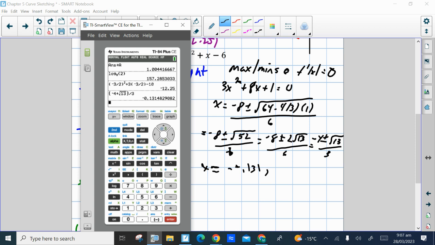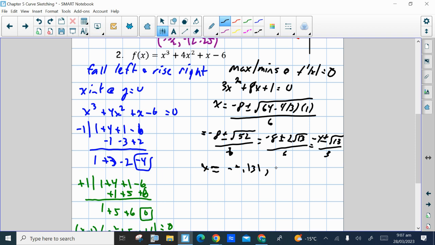And the second one is negative 4 minus root 13. Negative 2.54. So our x-intercepts are irrational. We'll have to check or estimate where they are.